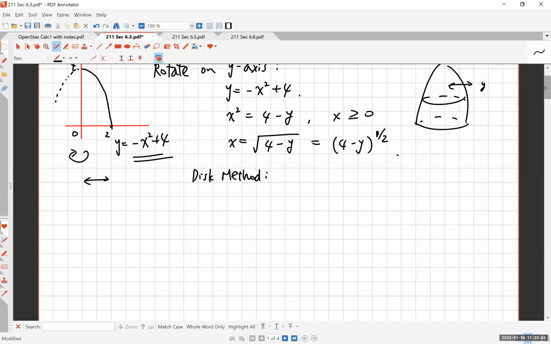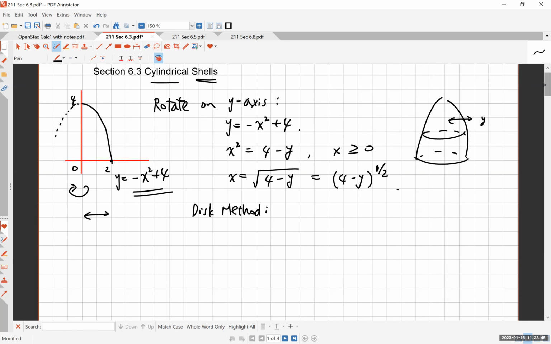So by using the disk method, we can calculate the volume of this solid of revolution. The volume is pi times the integral, and remember, y goes from 0 to 4, of the function squared dy.